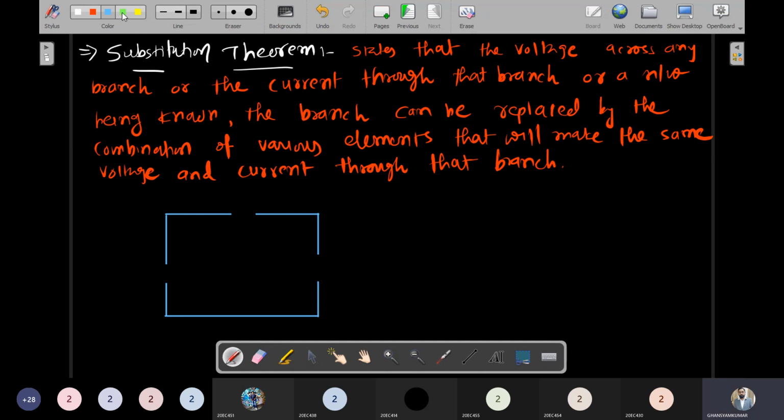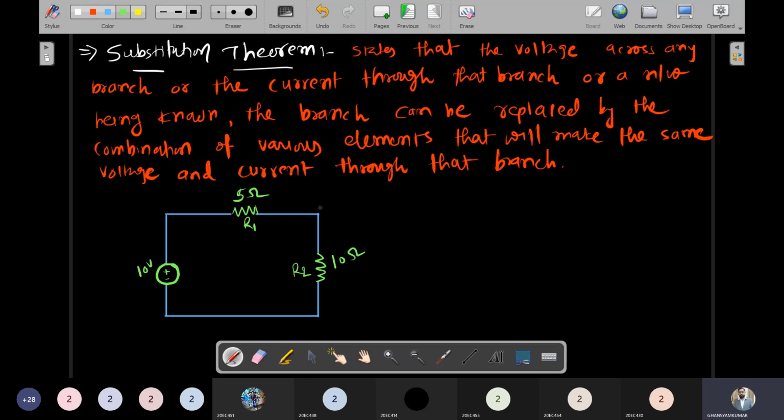We draw that. Suppose this is an independent voltage source of 10 volt. Here is one resistor, this is R1, a 5 ohm, and this is R2, which is 10 ohm.